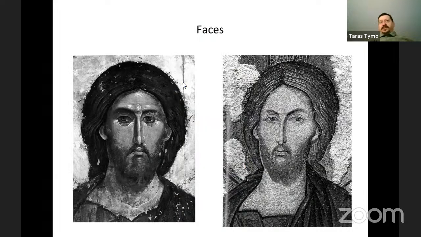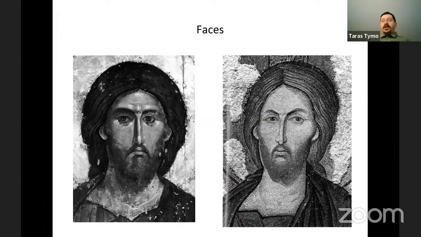The face of Jesus on the Pantocrator icons is usually kind of standard. It has the standard features, but also it's a very powerful means of conveying religious feelings and certain spiritual depth.